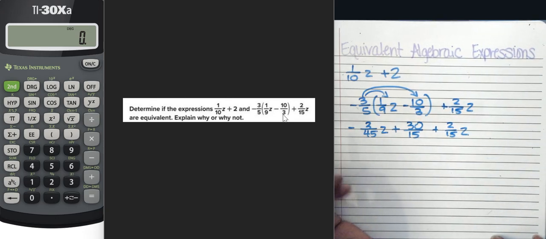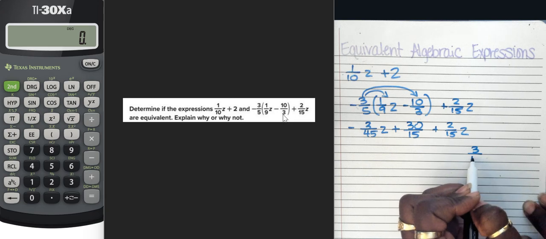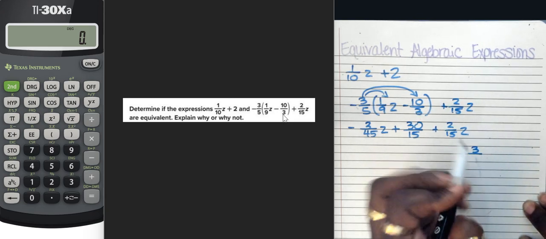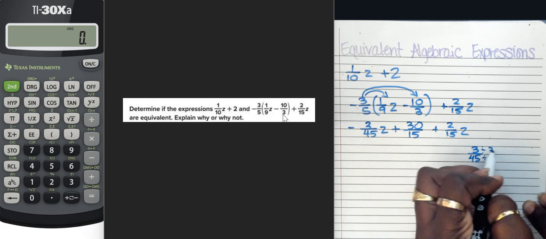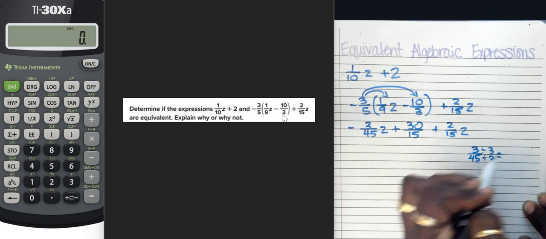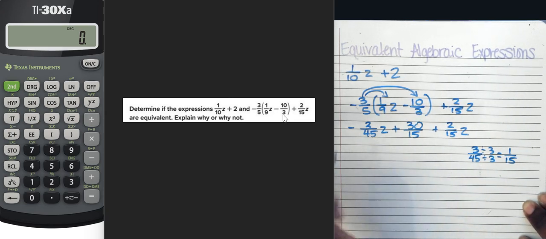So the next thing that I would do is try to simplify your fractions. See if you can reduce them. Looking at my 3/45, I could divide both my numerator and my denominator by 3. 3 divided by 3 is 1, 45 divided by 3 is 15. So this now becomes -1/15 times z.